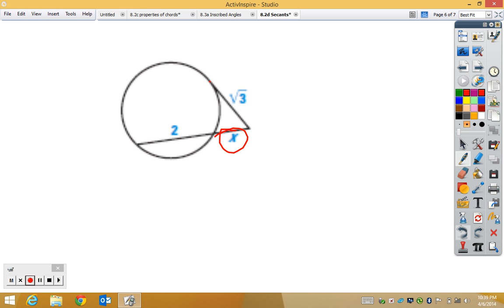So we, again, set it up. Square root of 3 squared equals our external segment x times our whole segment, which is 2 plus x.